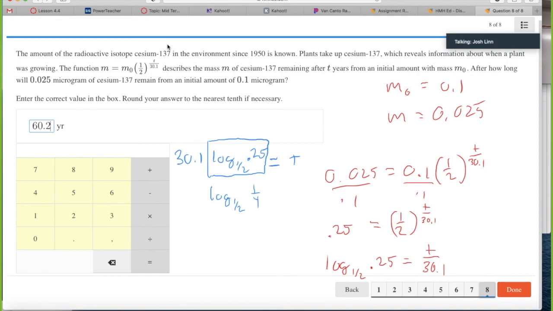Then we can rewrite it as log base 1/2 of 1/2 to the power of 2. So then all of this turns into 2. So then you have 30.1 times 2 equals t. So sorry about that, it took me a minute to remember that. But then you've got the 30.1 times 2, which is your 60.2.